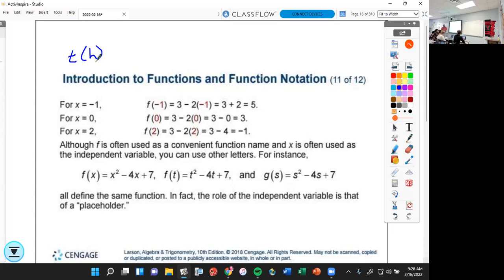I could graph T of h if I wanted to. It doesn't matter. H is horizontal, and T is vertical. The independent variable is always on the x axis, or the horizontal axis.